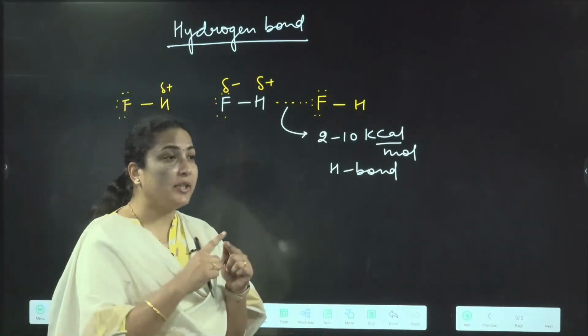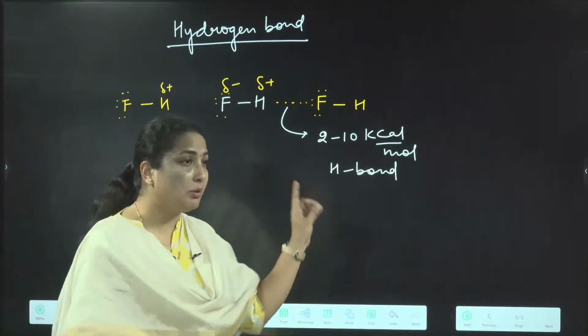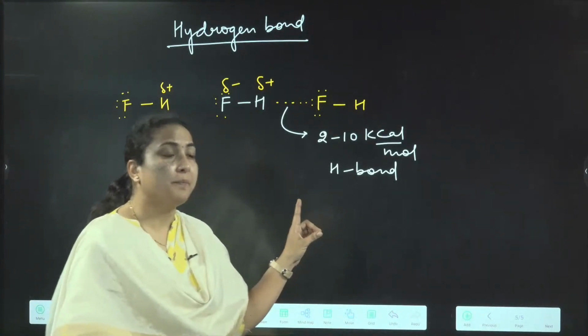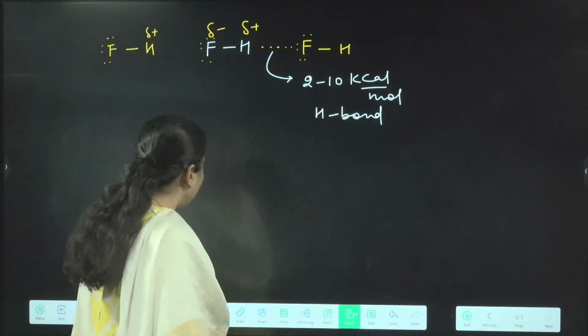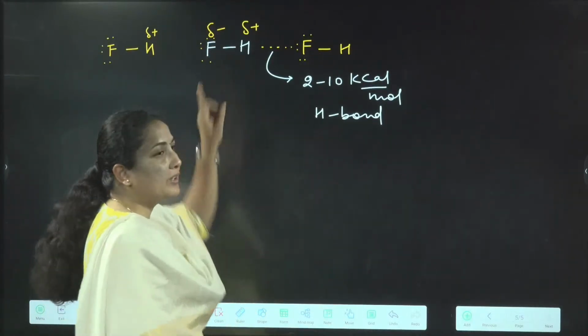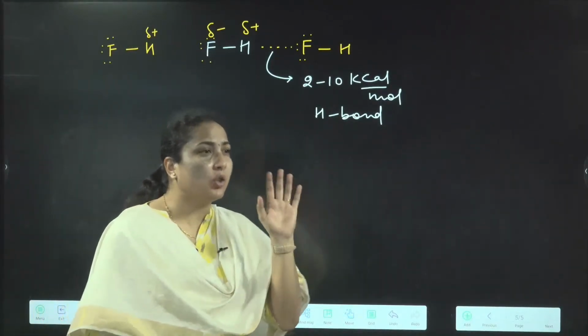Mind well, it is not any covalent bond, right? It is sheer attraction or interaction between these two, right? Now the prime requirement for this hydrogen bond formation is your hydrogen should be connected to a more electronegative atom, where the electronegativity is greater than or equal to 3 minimum.